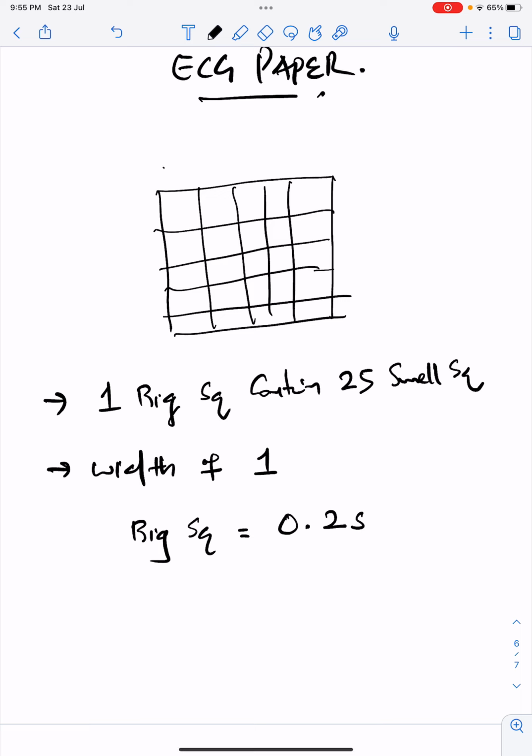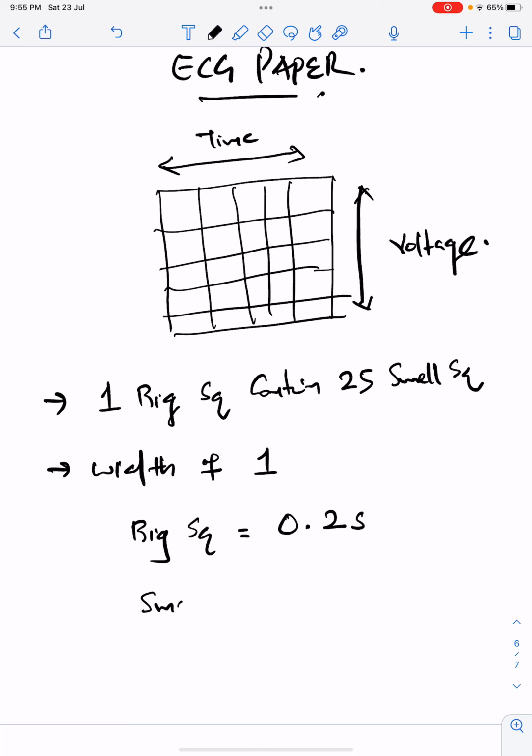Okay, this is the x-axis and there is time. This is the y-axis and it is voltage. So a small square is equal to 0.04 seconds.